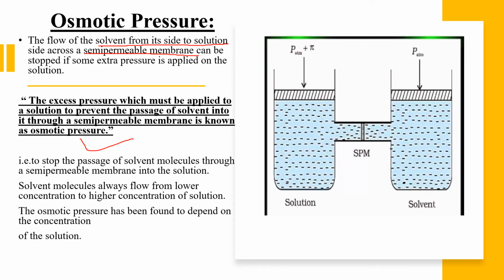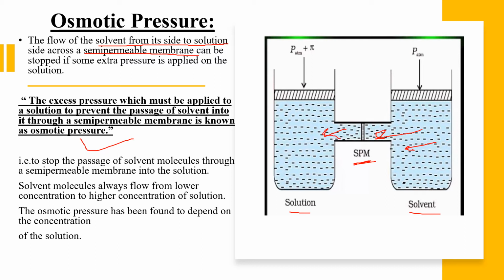This can further be seen in the image also. We have two chambers. In one part solution is present and in the other part solvent is present, and they both are separated by a semi-permeable membrane. Due to the process of osmosis, the solvent particles can pass into the solution through this semi-permeable membrane.